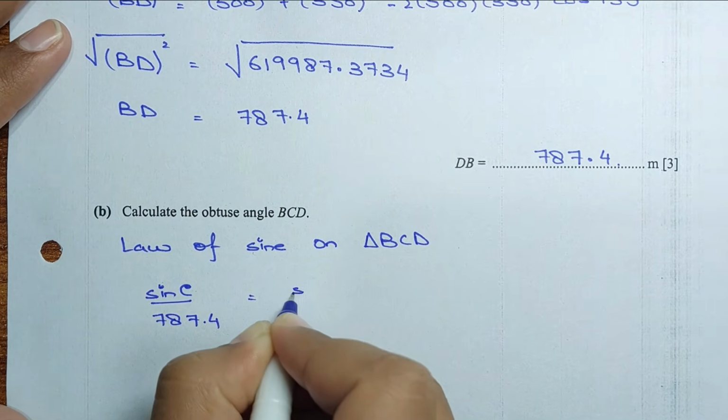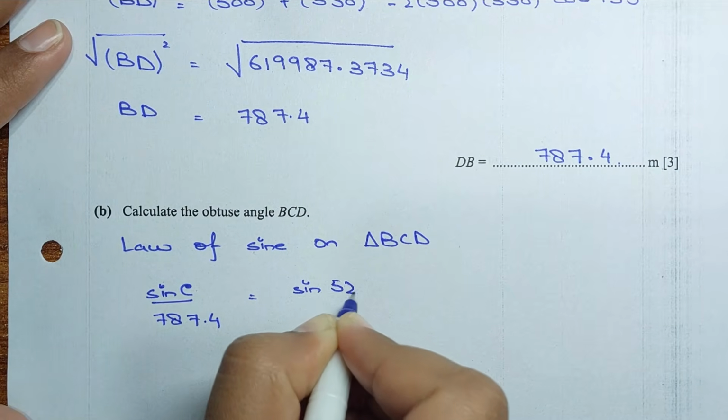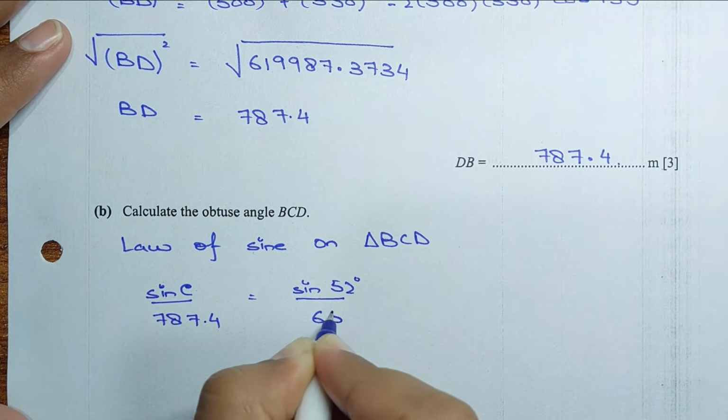787.4, this is equal to sine of D, which is 52 degrees, over its front side, which is 650.